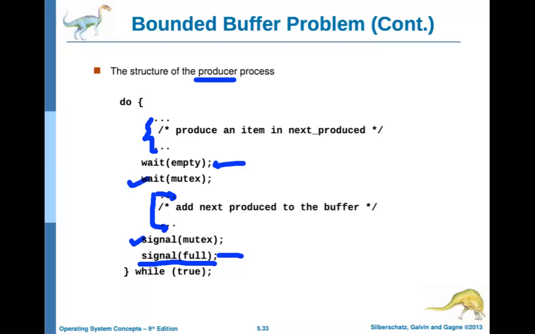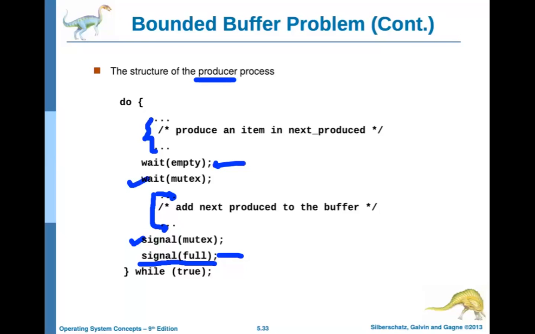So if any producer is waiting for empty space, it will be woken up. So both the producers and consumers need to deal with empty and full. And whenever we want to modify the buffer, adding or removing elements, that will be safeguarded by mutex, right?